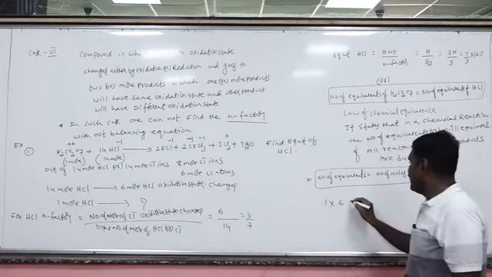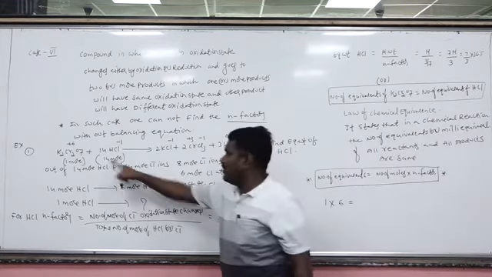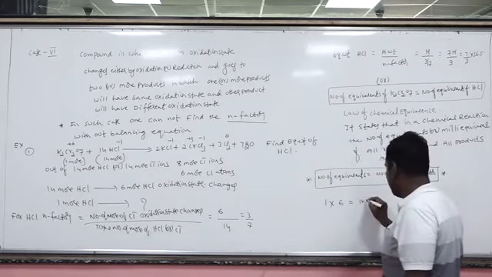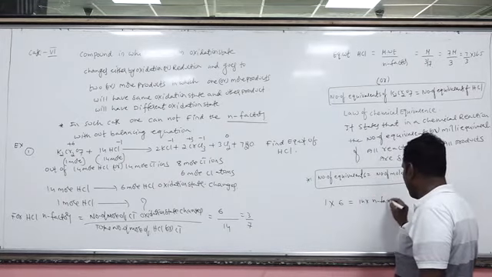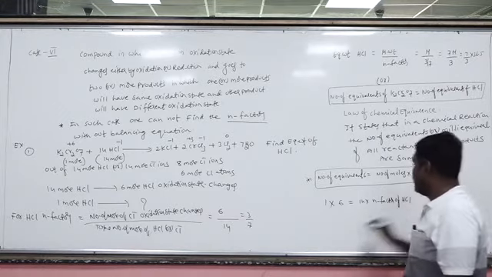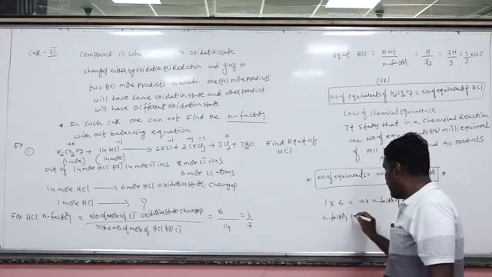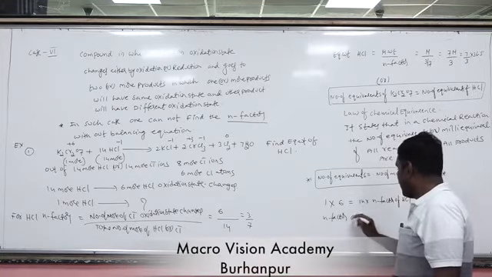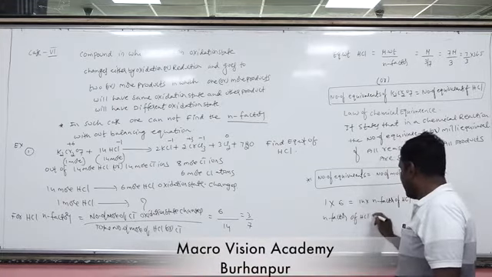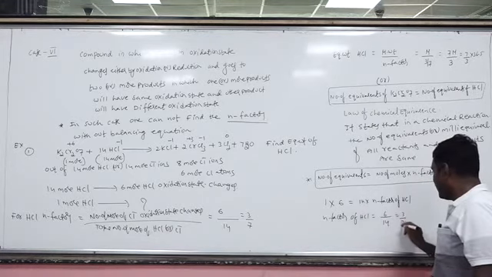Now here, how many moles of HCl will be there? 14 into what? The N factor of HCl. We have to find it. Now the N factor of HCl will be equal to 6 by 14, again 3 by 7.